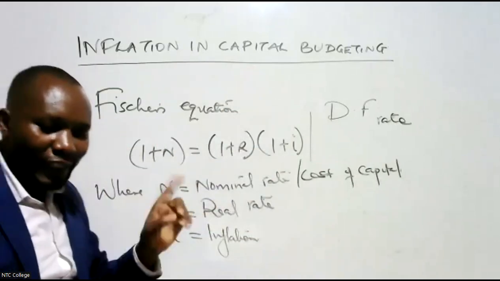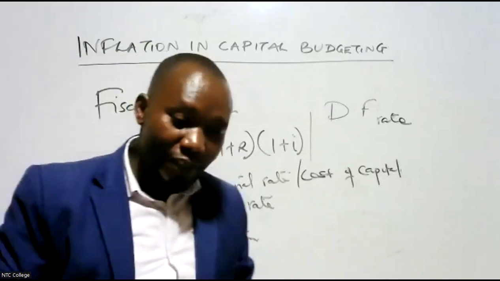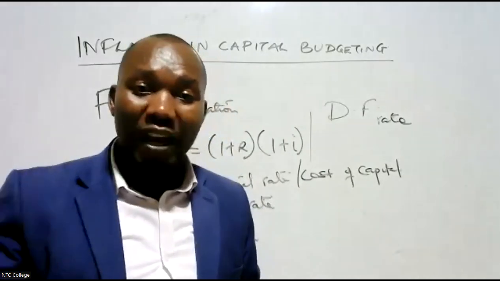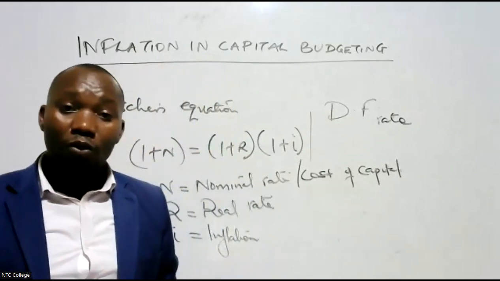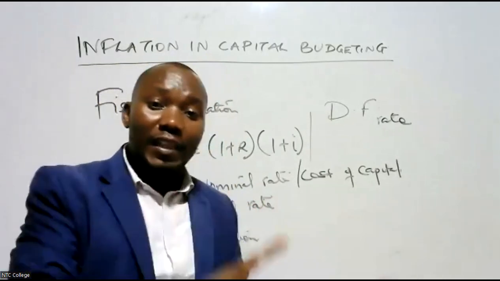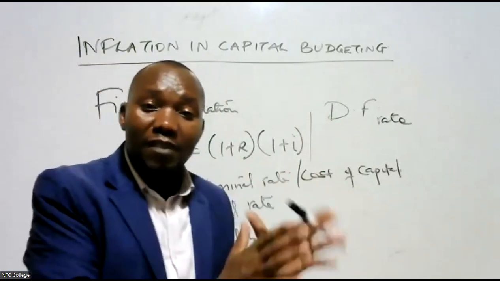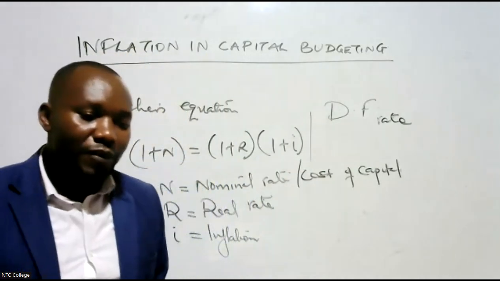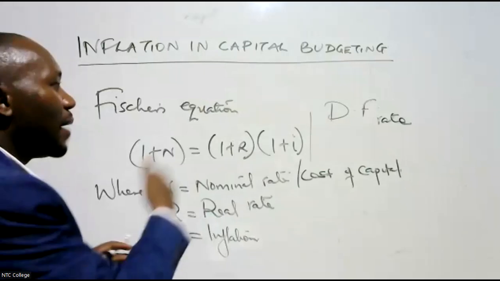Whenever you are given a real rate, I'm emphasizing this, it means that the cash flow must also be real cash flow. So you cannot mix them. You cannot have a real rate and nominal cash flow, and then calculate NPV using items of different nature or character. You need to have them matching.